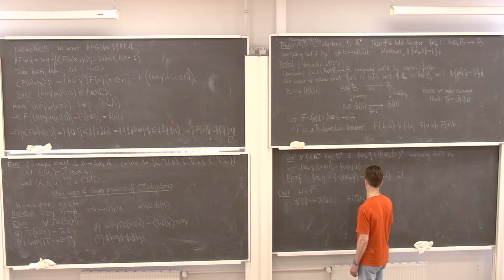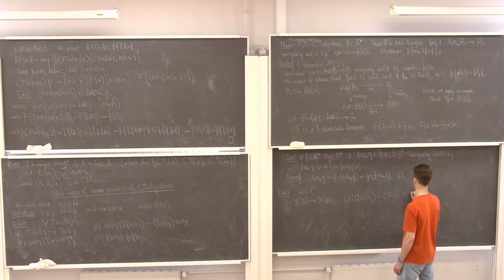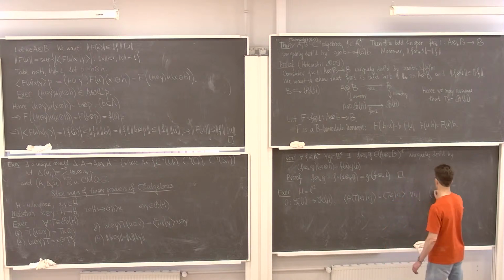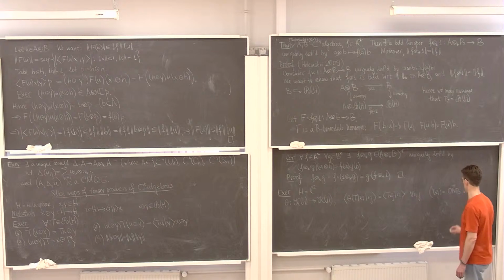If we take the standard orthonormal basis of little L2, then this number is the inner product of T e_j and e_i. So here e_i is an orthonormal basis in L2, or more exactly, the standard orthonormal basis in little L2.